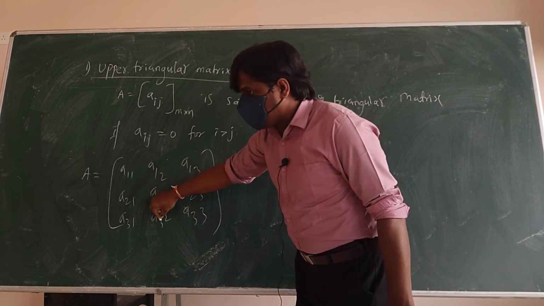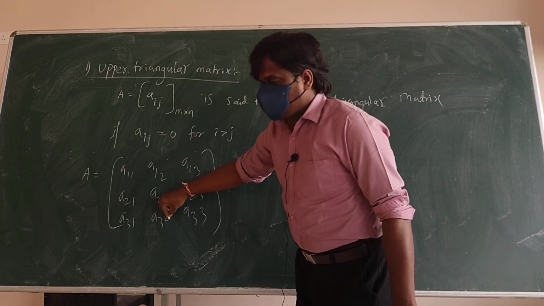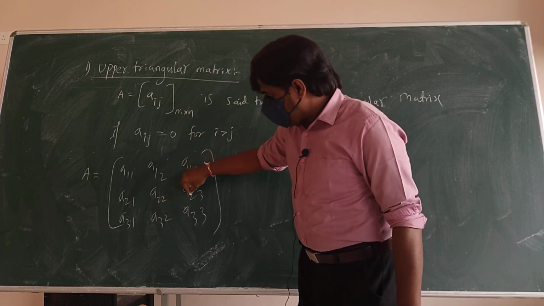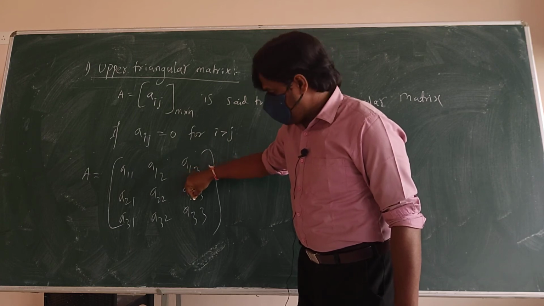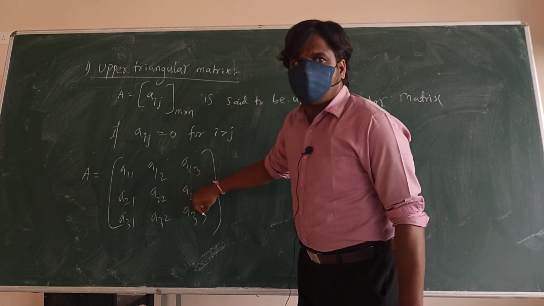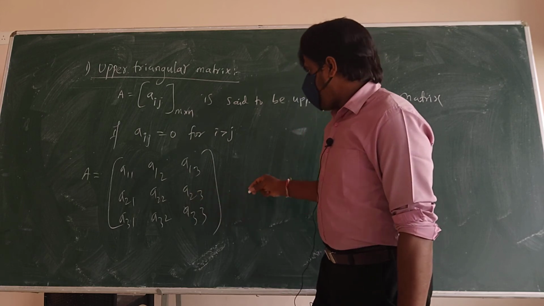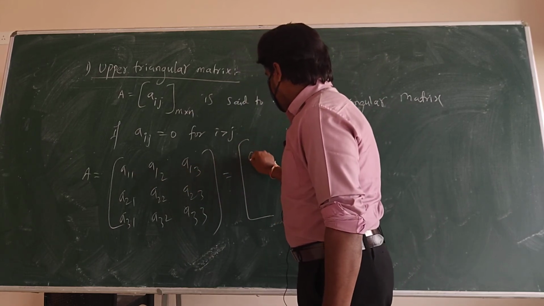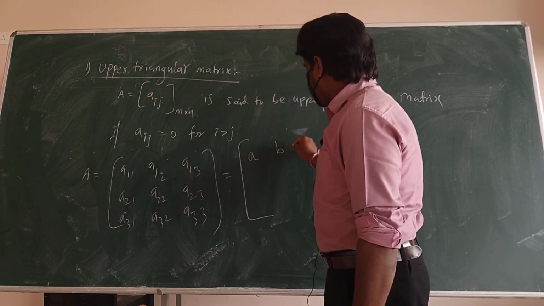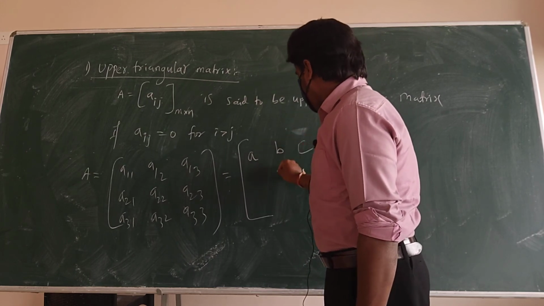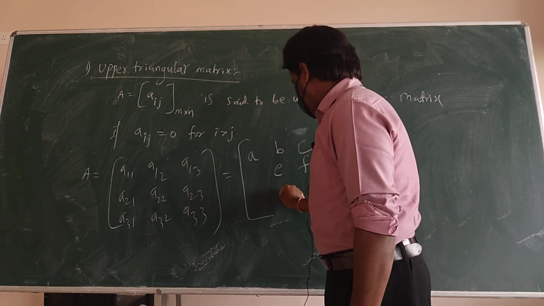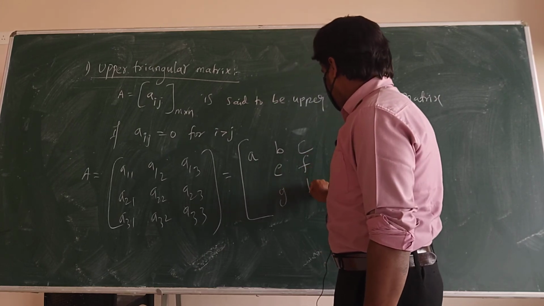I is 3, J is 2, I greater than J. Here I is less than J, here I is less than J, and here I is equal to J. So these entries are something, something, something.